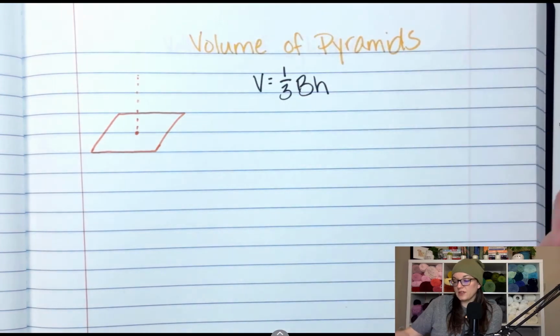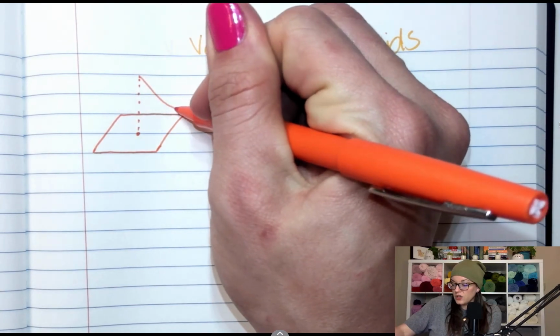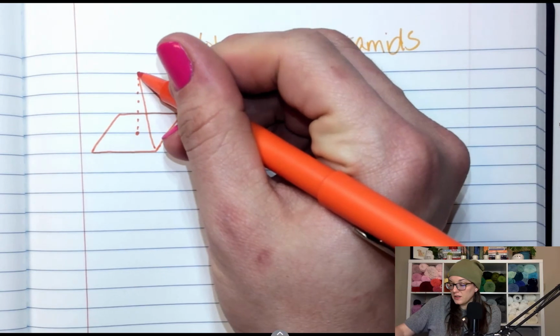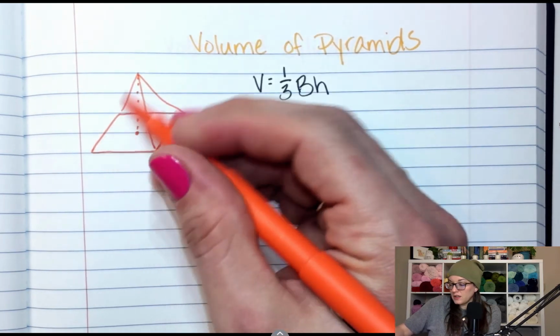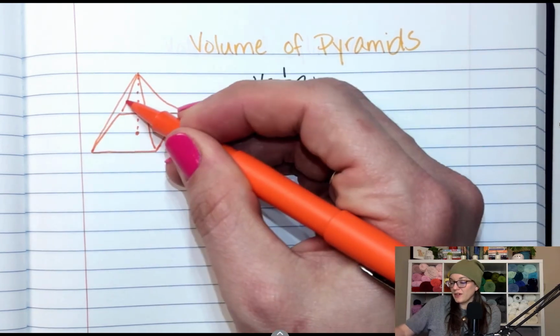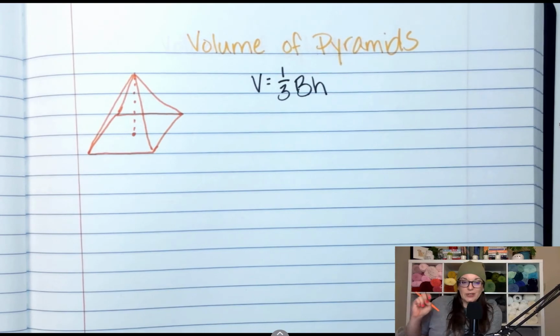And then from the top of that dotted line, you connect to each corner, or each vertex. I always draw it so that it's really hard to get to that one. There we go. So this is a rectangular pyramid.